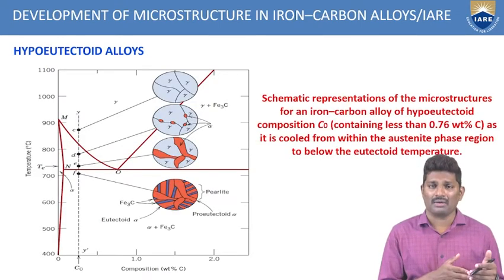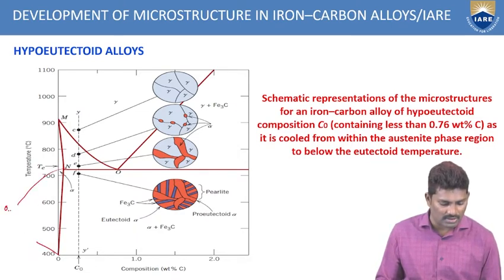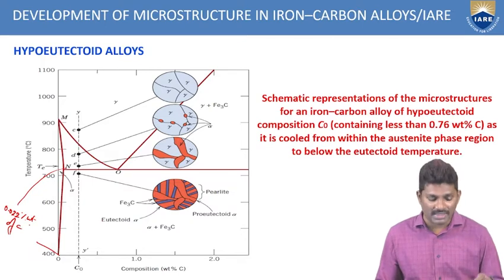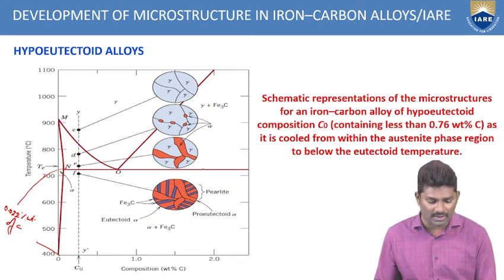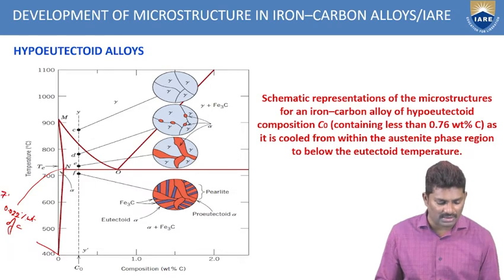Now for the same iron carbon diagram, at this position we are trying to do it. These two points are 0.022 weight percentage of carbon. At this junction, again the eutectic temperature was what? This is 727 degrees centigrade.